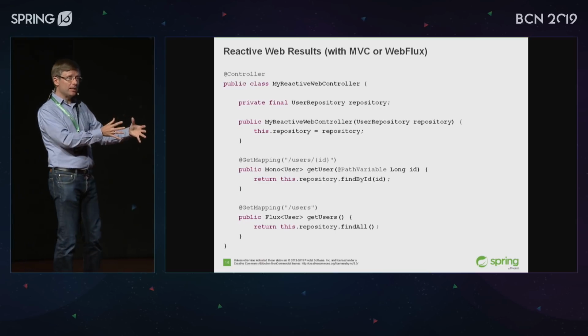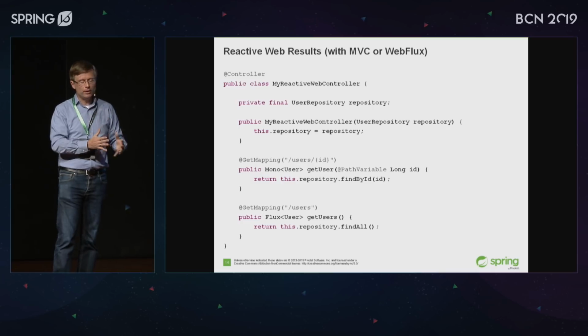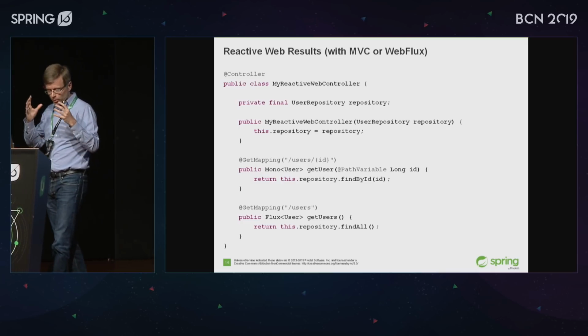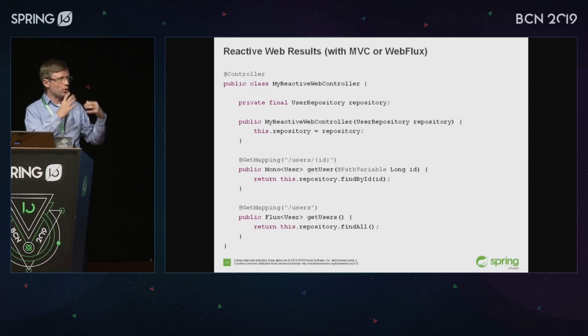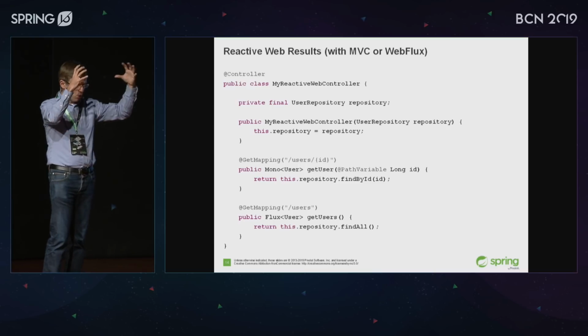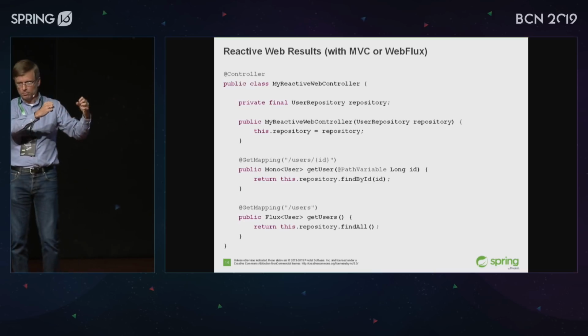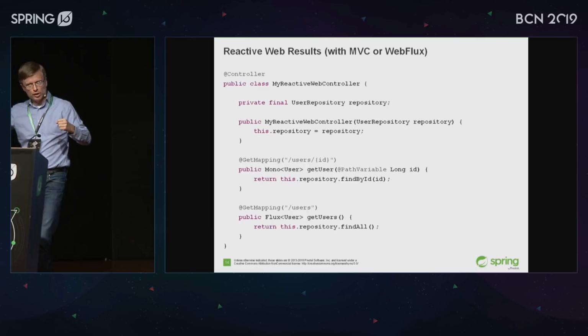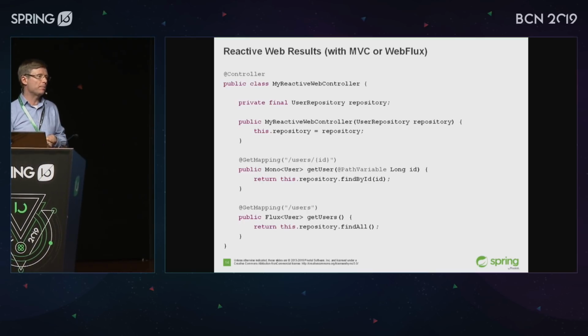In parallel to that, we have the Spring Web MVC stack, which is still running on servlet containers and in particular on servlet API assumptions. So within the servlet callback model where you receive a request, you own a thread, and during that thread, you process the request, you write a response, and then you return and release the thread back to the pool.